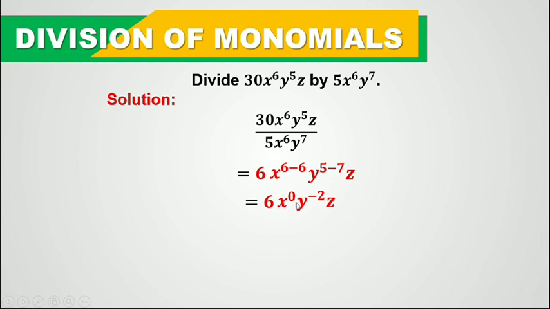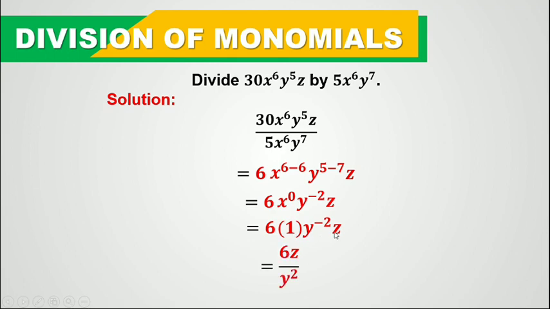So if the exponent of the variable is 0, that simply indicates that it is equal to 1. So 6, and then x to the power of 0 is just equal to 1. So 6 times 1, and then copy y to the power of negative 2, and then z. So 6 times 1, that's just 6.